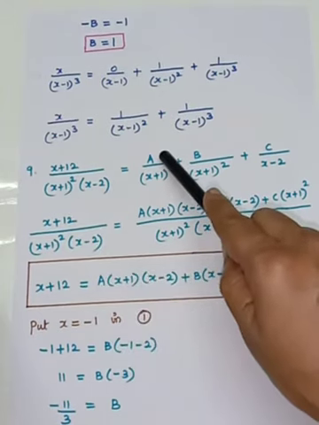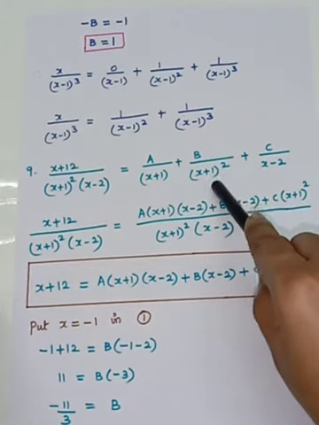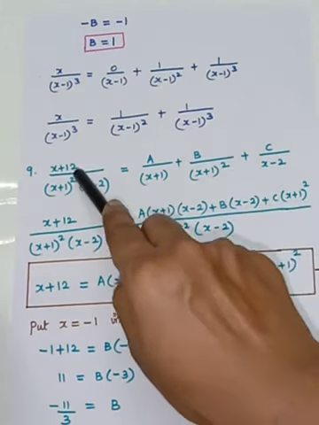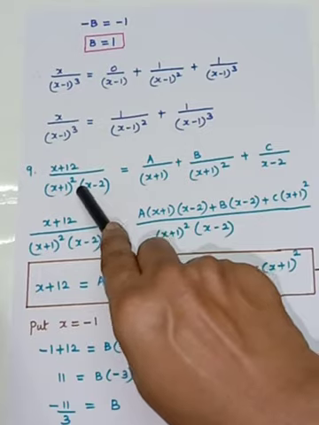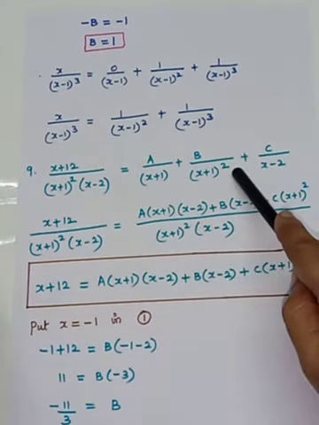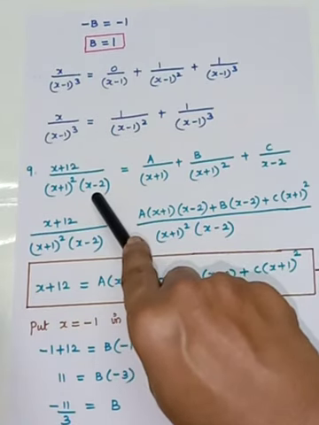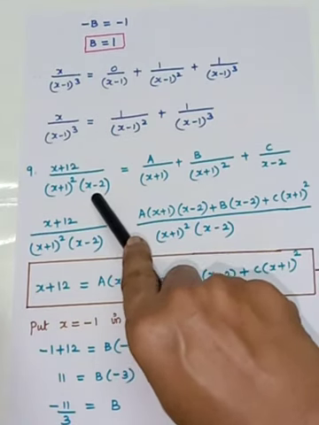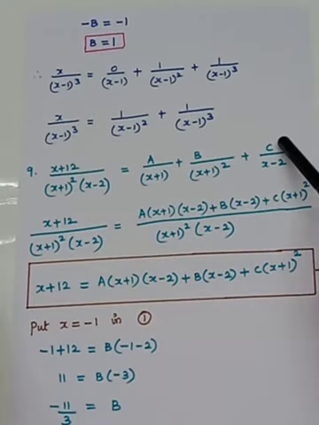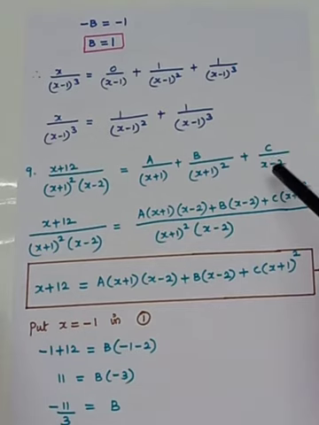It will be a by (x plus 1) plus b by (x plus 1) the whole square. For this linear factor which is repeated twice, I have written these terms. Okay, and one more linear factor is also there, that is x minus 2. So it is not repeated. So for that you have to write another constant over that linear factor, c by (x minus 2).